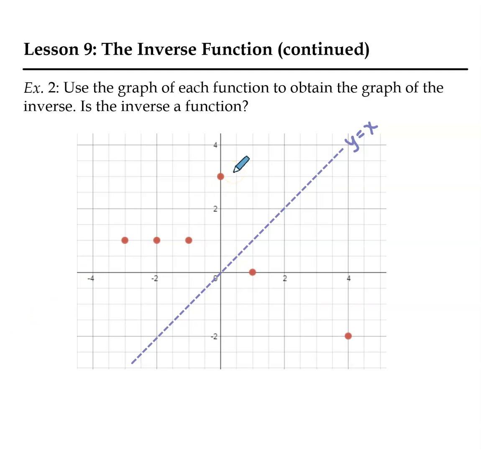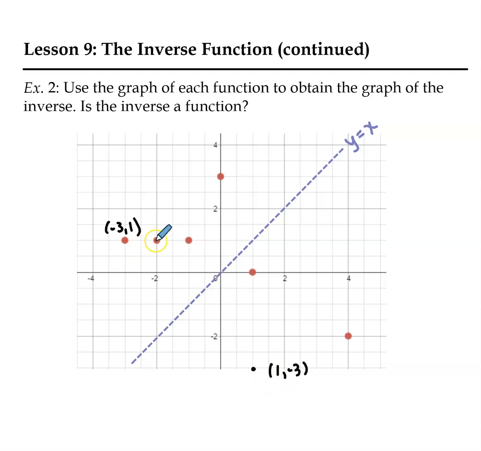Let's take a look at the inverse of an integer relationship. So we have a series of dots on our grid. Obtain the graph of the inverse and determine if it's a function. So currently we have a function. So can you please plot the inverse? So we'll start off as an example. -3, 1. So we know we're going to map out 1, -3.